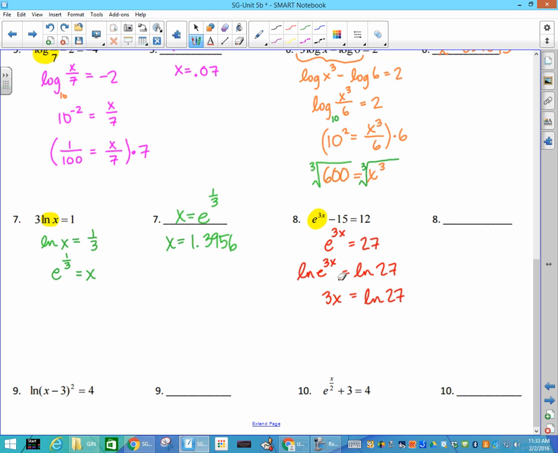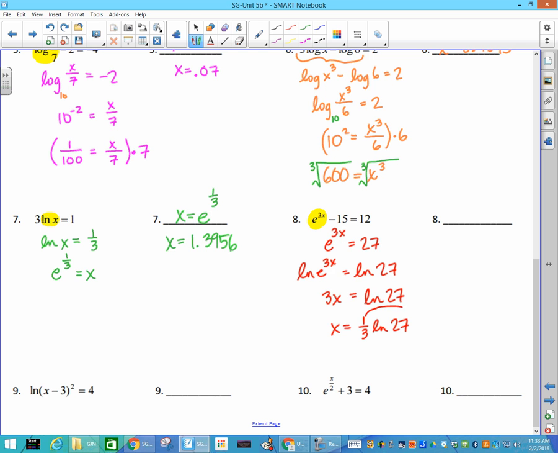Okay? And I caution you, don't skip this step because that's where people forget. They take this 3x down and they forget to put this ln over here. And so here we divide by 3, which we talked about in class would be better for you to understand that that's 1/3 the ln, because dividing by 3 is the same thing as multiplying by 1/3, because then this wouldn't be a simplified exact answer.